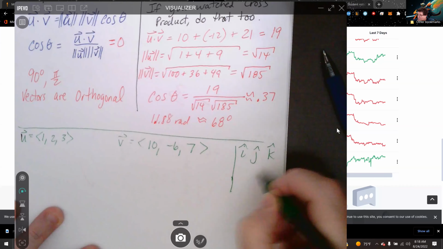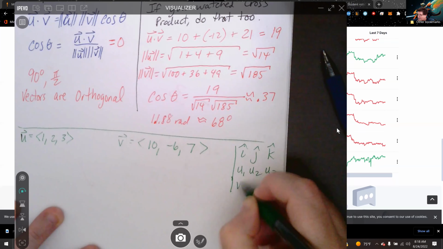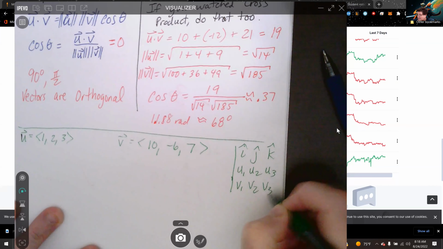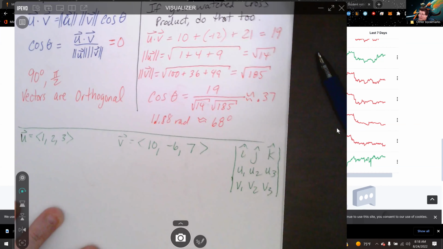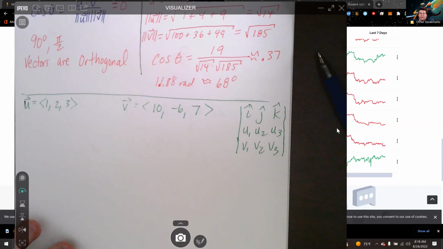Then we do U1, U2, U3, V1, V2, V3. And we follow a pattern. We can go across any row. I prefer going across the top row because we don't have to worry about signs or anything.